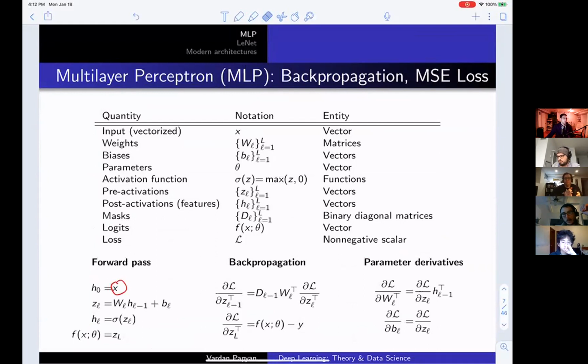And then you multiply X by a weight matrix and you add a bias afterwards, and then you get Z, which are the pre-activations. Afterwards, you apply on Z the nonlinearity sigma, which is the ReLU, which applies max with the zero scalar element-wise, and then you get HL, which we called features. And this is iterated several times until we get to the last layer and we get the logits.